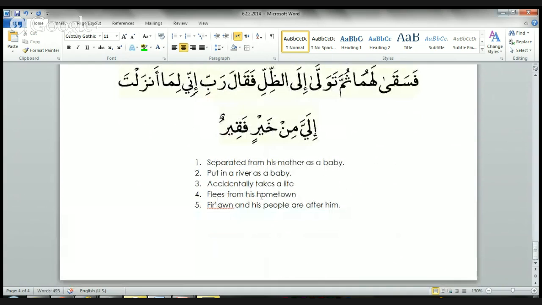Okay, the dua. فَسَقَى لَهُمَا, so then he gave water, and then he collapsed in the shade.